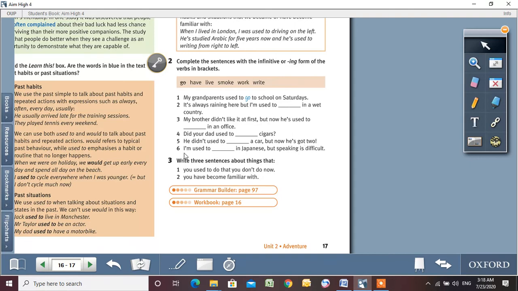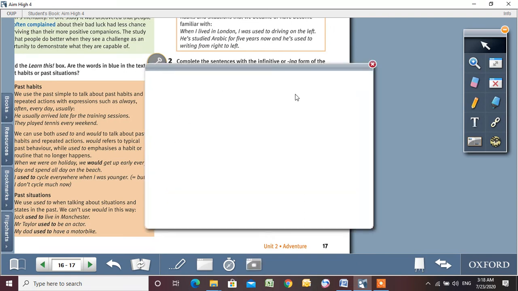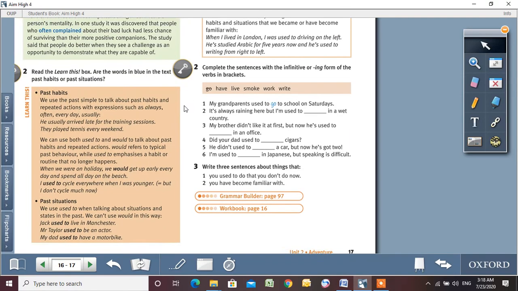Number 6. I am used to writing in Japanese, but speaking is difficult. Let me show you the answers. And that's the end of the lesson.